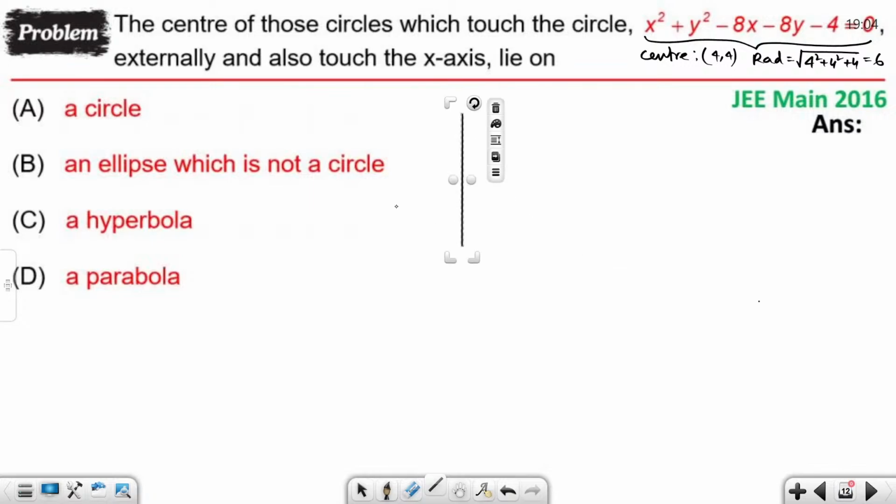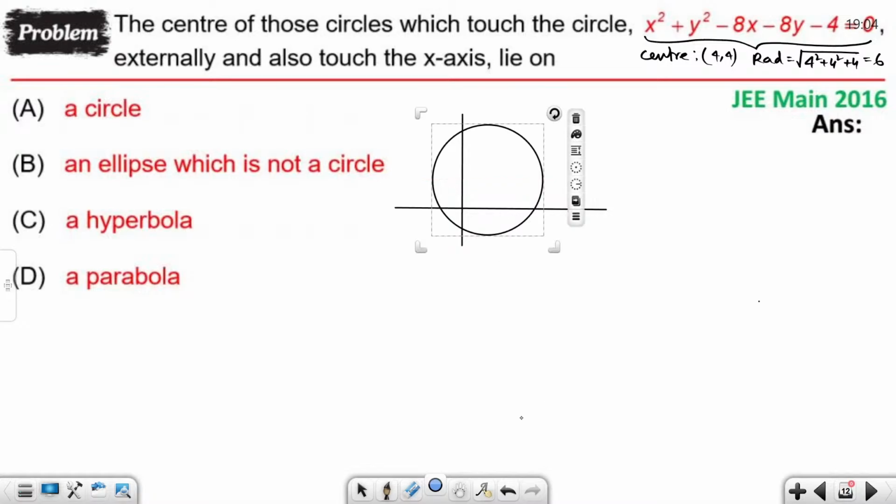We have this given circle whose center is at 4, 4 and radius is 6 units, right? So this center, let us say this is C1, which is 4, 4, and the radius of this circle is 6 units.